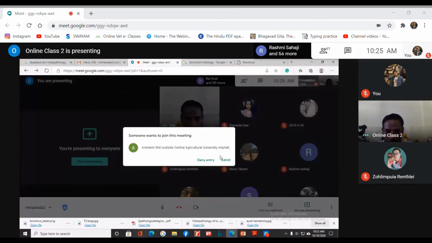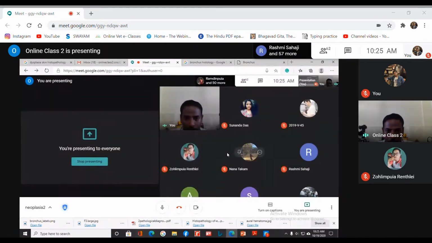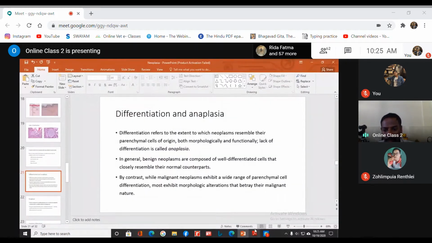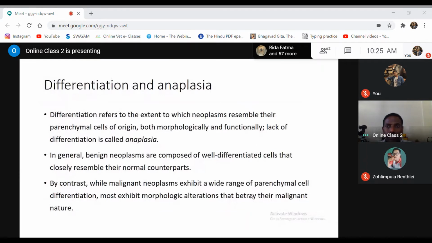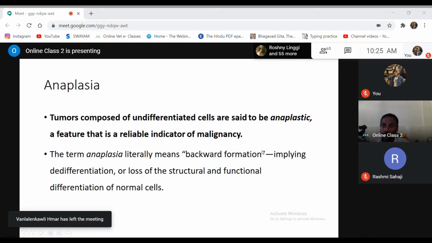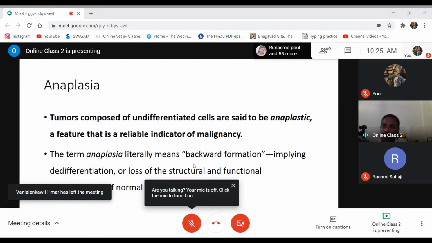Just a minute, some of your friends are joining. Is that clear so far? Yes, sir. Okay. Anaplasia literally means backward formation. Backward formation means it will be in the developmental stages, not in the matured stage.